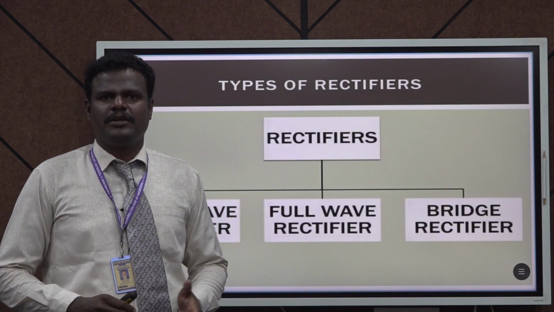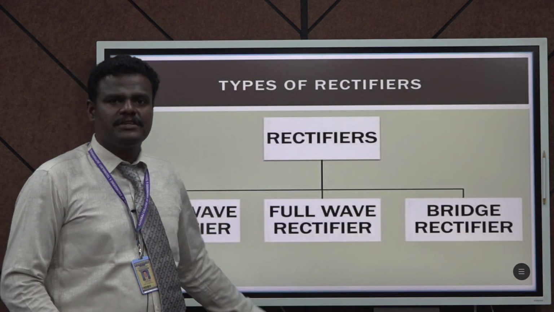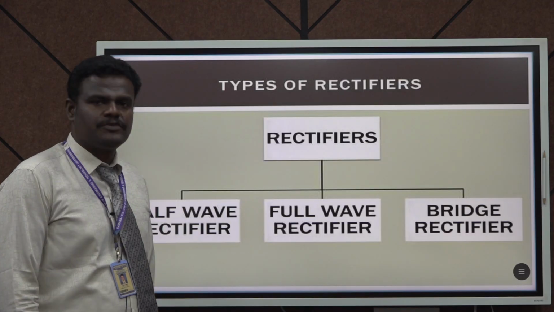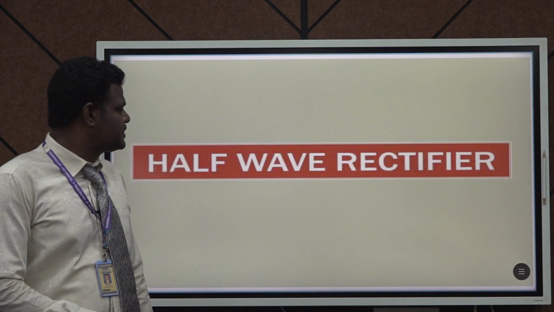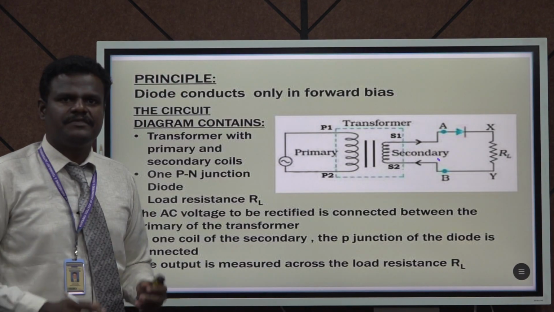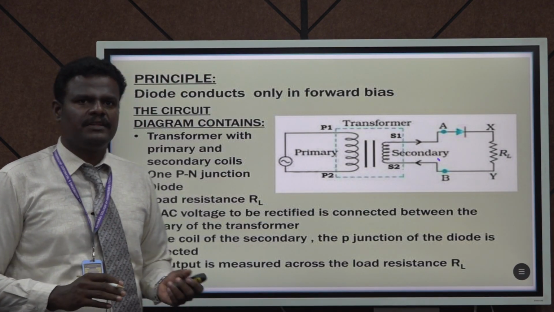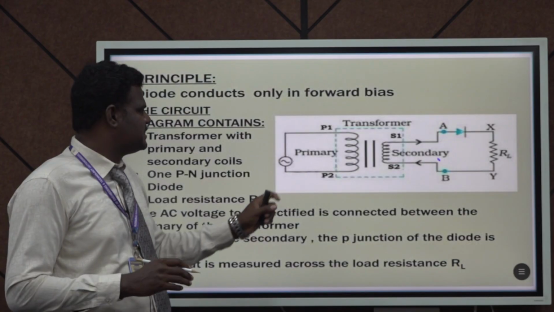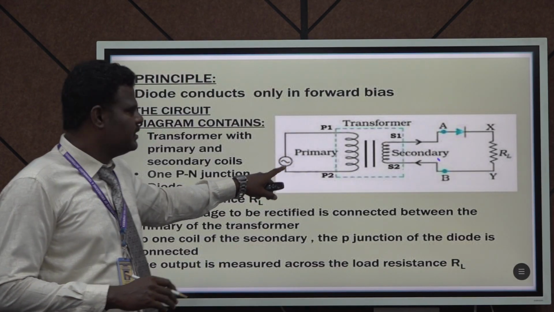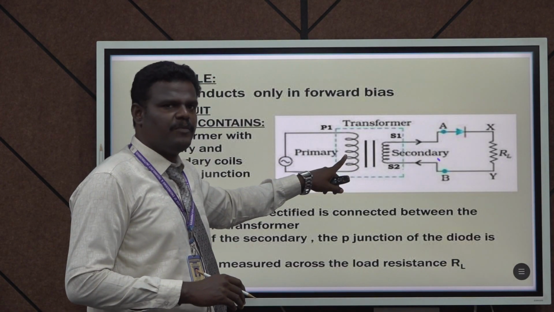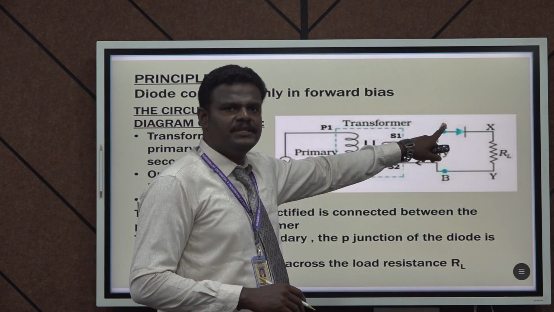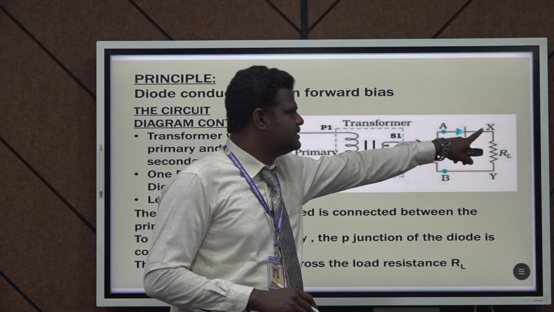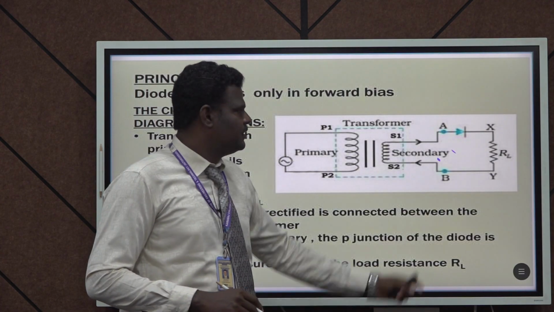The types of uncontrolled rectifiers are: the first one is the half wave rectifier, the second one is the full wave rectifier, and the third one is the bridge rectifier. First we are going to discuss the half wave rectifier. The half wave rectifier circuit comprises the input source side, the transformer primary side and secondary side, the PN junction diode with its anode terminal and cathode terminal, and then the load.